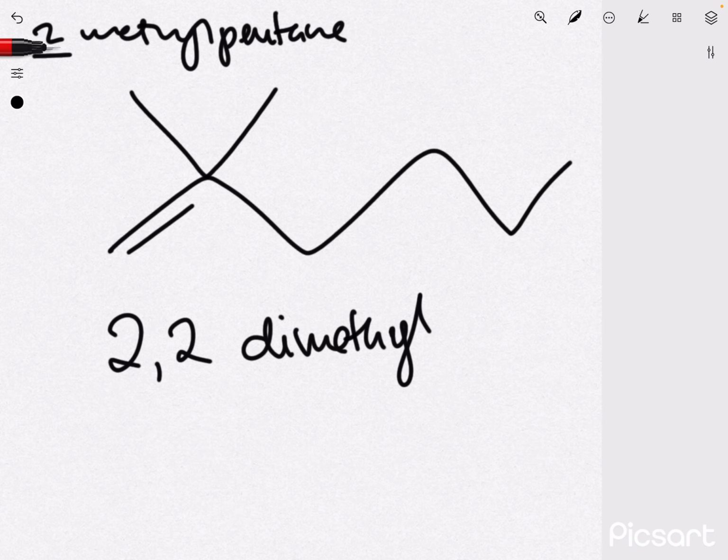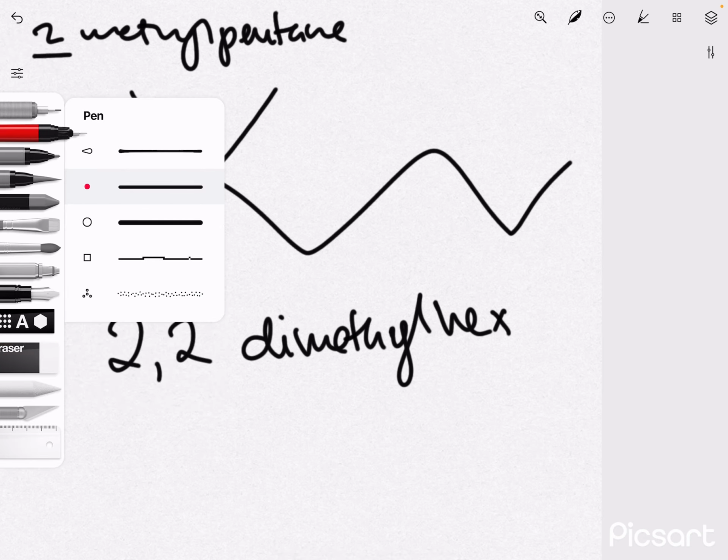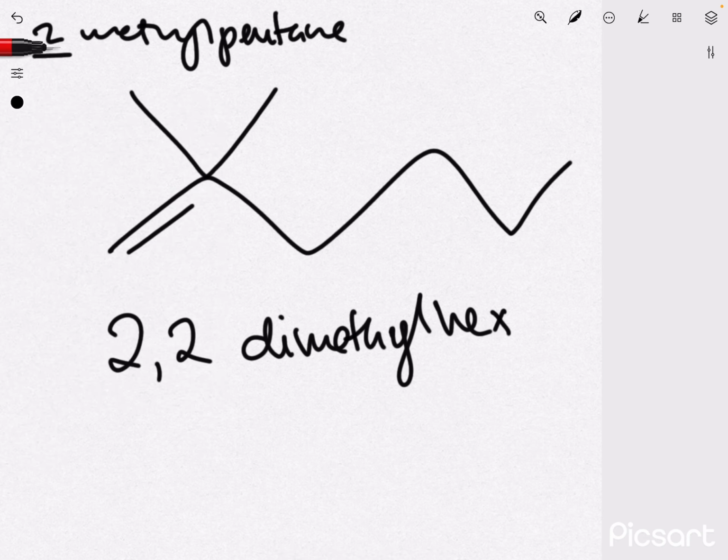Hexane is our parent chain, so hex. And then 1, because our double bond is present on our first carbon, so hex-1-ene.